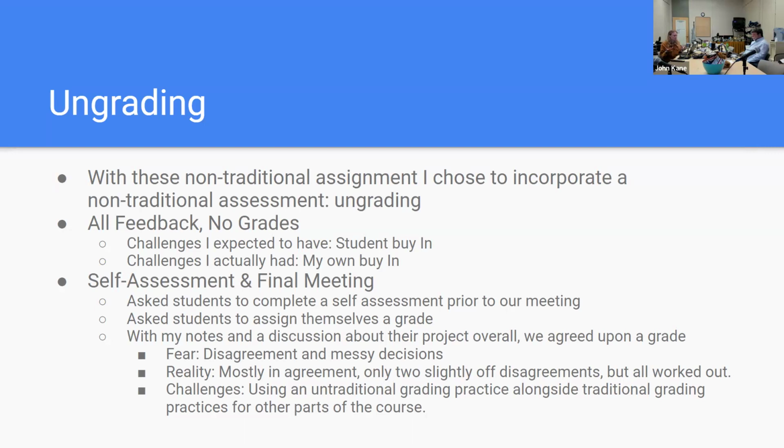And so I had to ultimately come up with a grade for the ungrading practice, but it was one that I collaborated with my students on. And so it was challenging to decide, are we going to decide together that you get a 91 versus a 92?